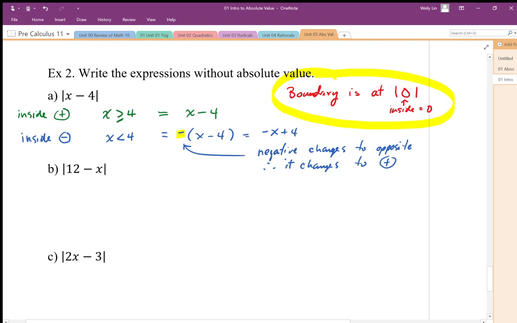So let's try this next one. There's a little bit of notation as well, but we'll be more formal with the notation later. Again, we need to determine where the inside is positive, and where the inside is negative.